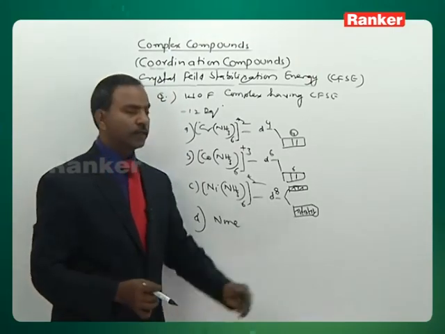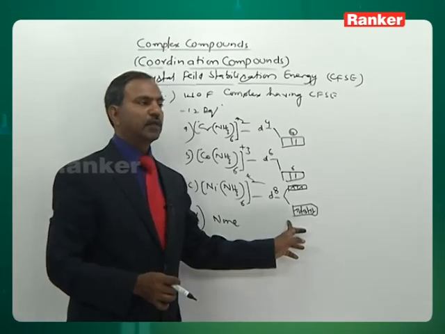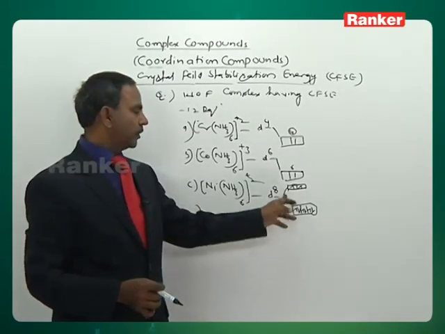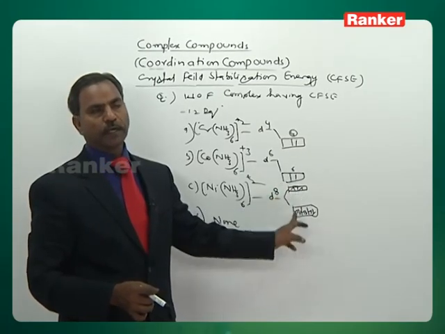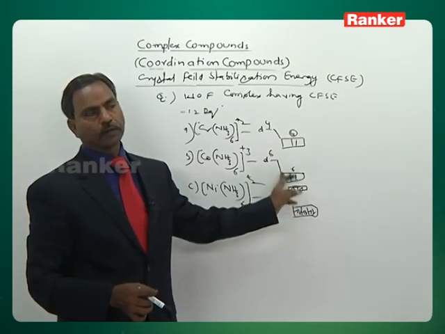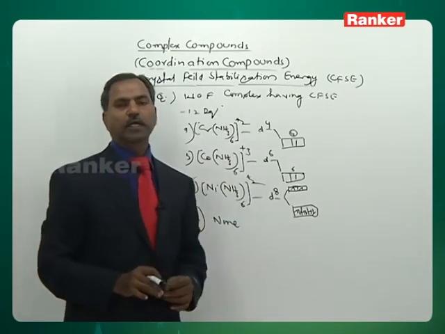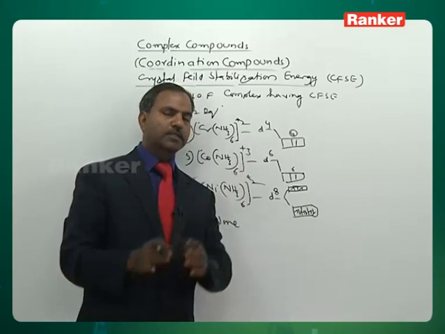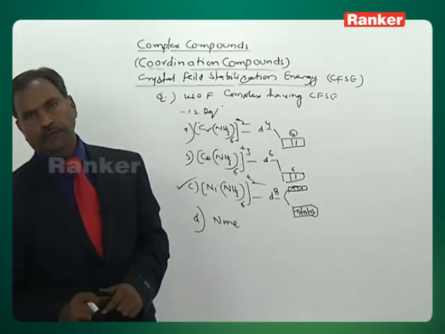How many electrons are there in t2g? 6. 6 into minus 4 is minus 24. There are 2 electrons in eg, 2 into 6 is 12. So minus 24 plus 12, then minus 12 is the answer. This is the correct answer for this complex. Questions appear like this in the examination on CFSE values.